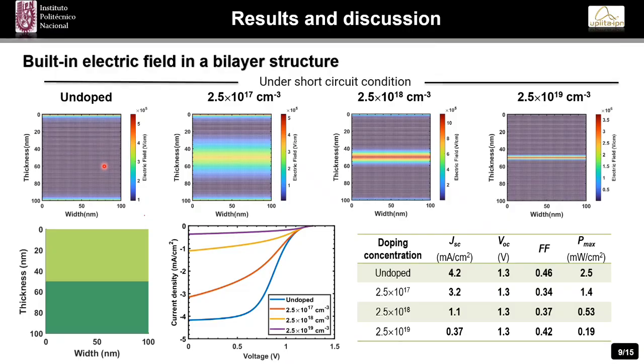To modify this behavior, we propose adding impurities to the semiconductors. When the doping increases, the electric field begins to concentrate mainly at the interface. The current-voltage characteristic of the most doped sample presents the worst performance, which is in agreement with what is expected of a bilayer structure.